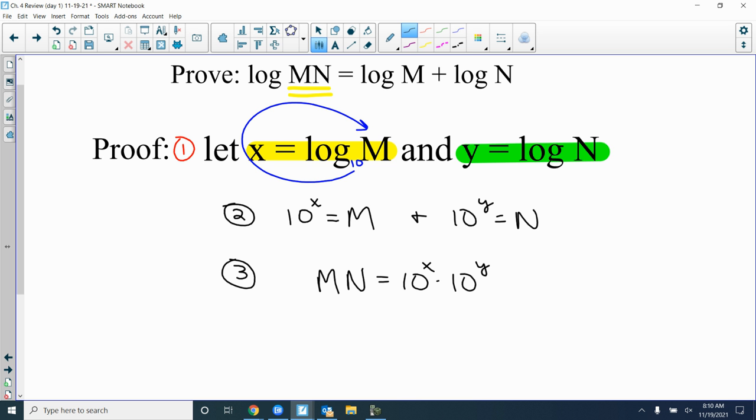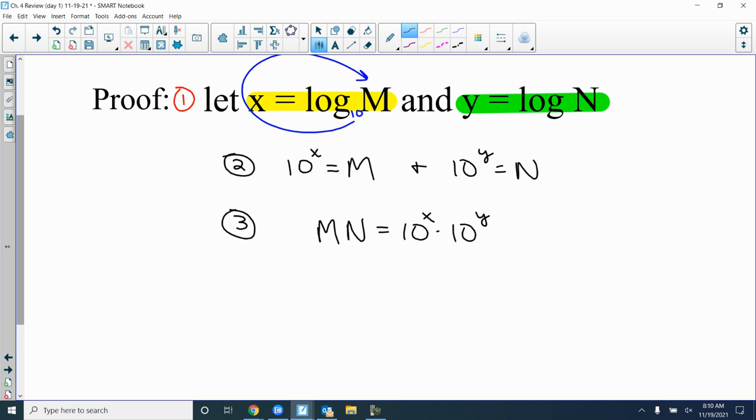Our exponent properties: 10 to the x times 10 to the y, if I have the same base, you can add exponents. That becomes 10 to the x plus y.